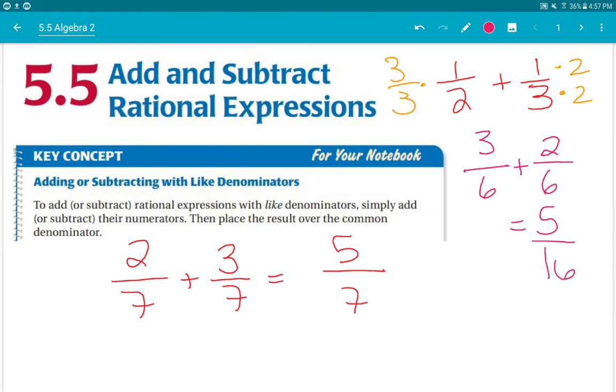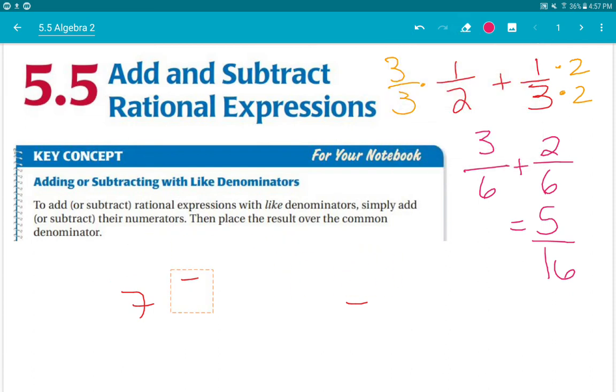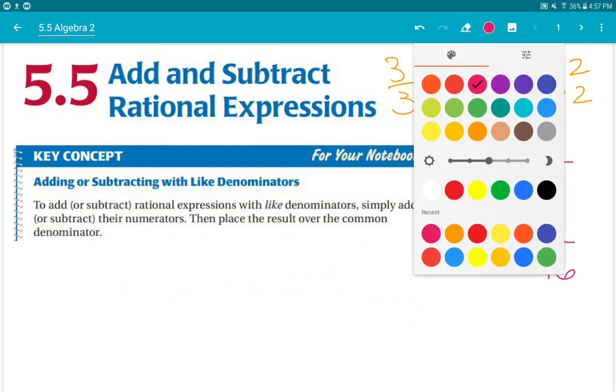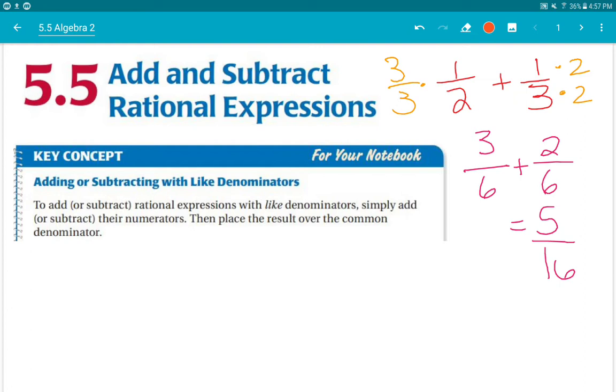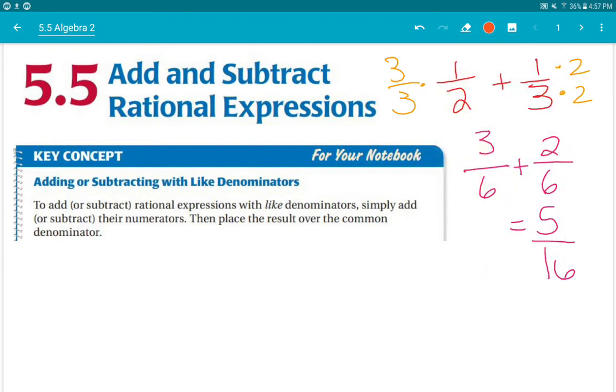Now, one last one. We'll do one that's a little more complex because remember, we're always looking for the least common denominator. We're not just going to multiply one denominator times the other. Let's say I had 1 over 24 plus 2 over 6. What's the common denominator here?